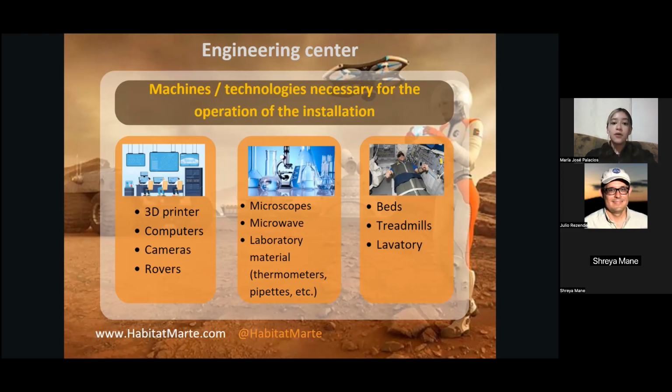On the second floor, we need microscopes, a microwave for the foods, and here we have all the lab material, like thermometers, pipettes, and all the rest of the material for the lab. And on the last floor, we have beds, treadmills, and the laboratory.